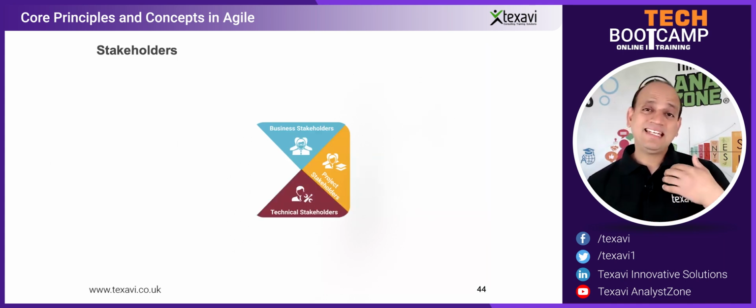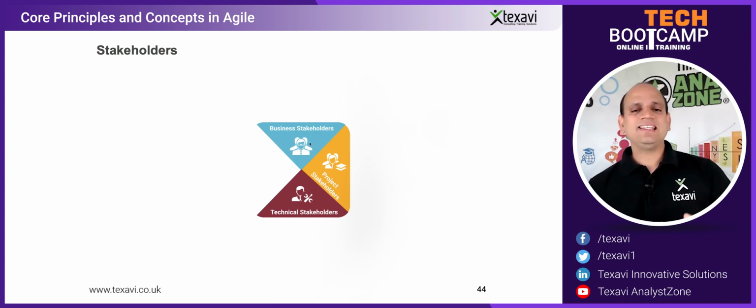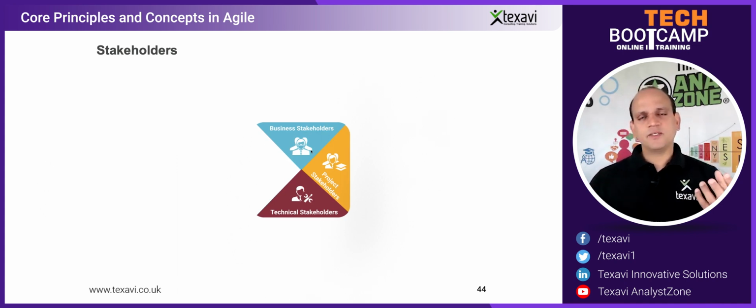And then we have got technical stakeholders, people who are interested in implementation of the solution. Perhaps you can say that they are in the solution space, whereas the business operates in the problem space. We've been discussing this problem domain and the solution domain all along.